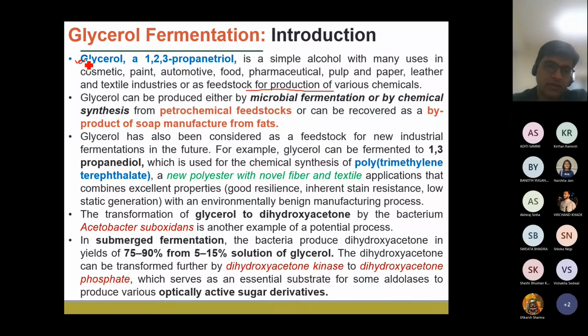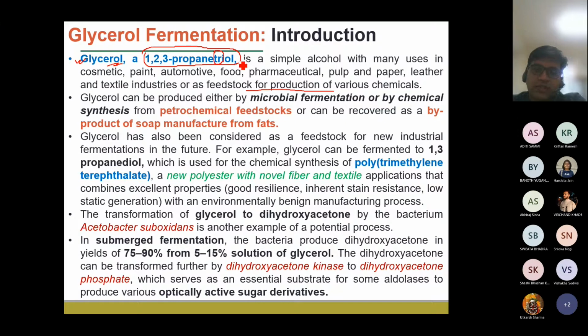But after production, what is its application? The demand for a particular biochemical will only come when it has very high performance in different application domains. If you see glycerol, its chemical name is 1,2,3 propane triol, because it has three hydroxyl groups.